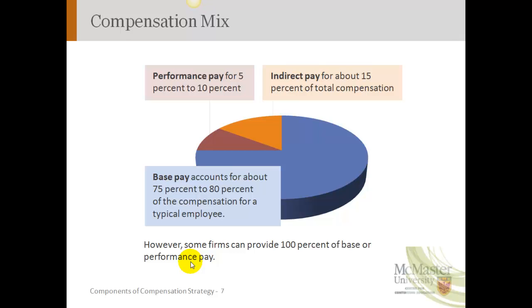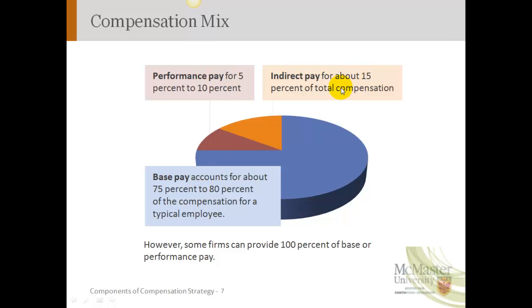But sometimes we determine what compensation mix is appropriate based on the jobs. Maybe for salespeople, this mix isn't appropriate for an organization. Maybe an organization might say a salesperson's mix is going to be flipped. Maybe for a salesperson, it's going to be 80% performance and maybe 5% base and 15% indirect pay.